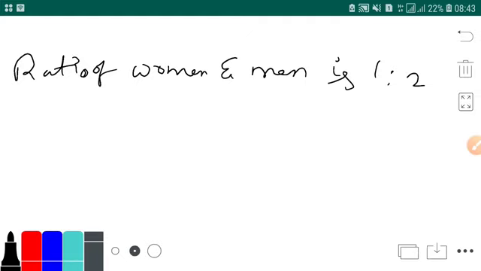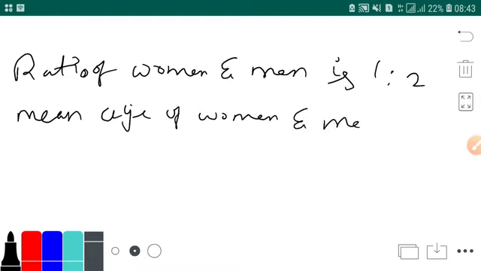Now, the mean age of women and men are 34 and 37.